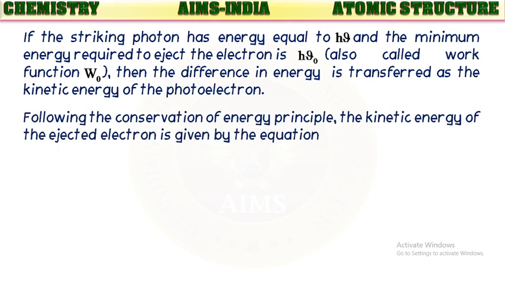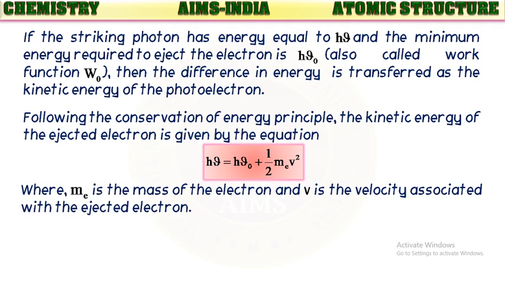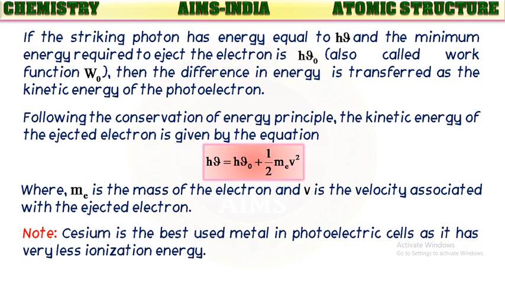So following the conservation of energy principle, the kinetic energy of the ejected electron is given by the equation h nu is equal to h nu naught plus half m v square, where h nu is the energy of the incident light and h nu naught is the work function or threshold energy of the metal, and here half m v square is the kinetic energy of the ejected electron, where m is the mass of the electron and v is the velocity associated with the ejected electron.